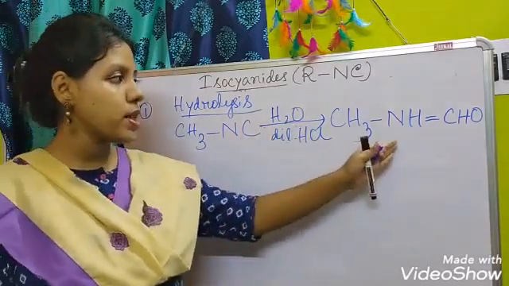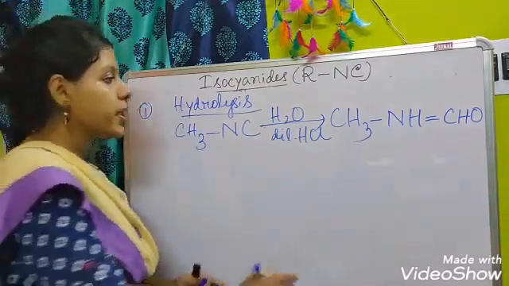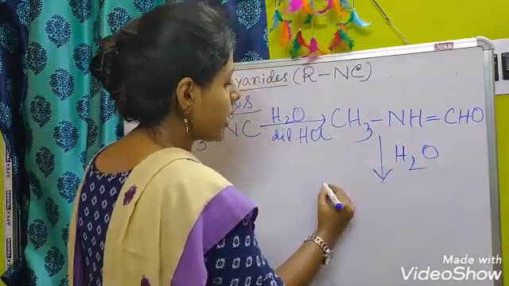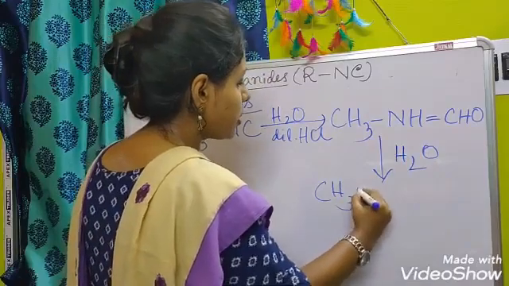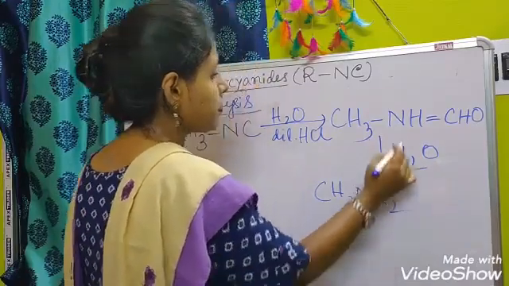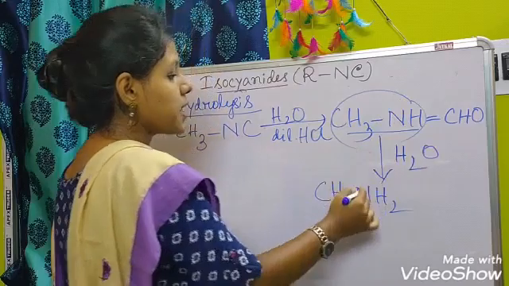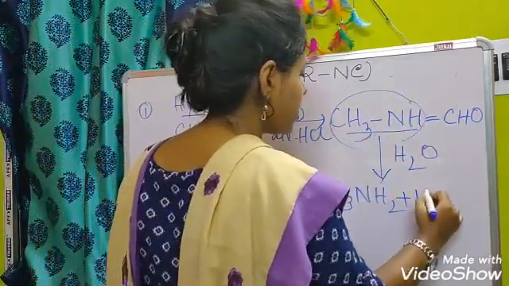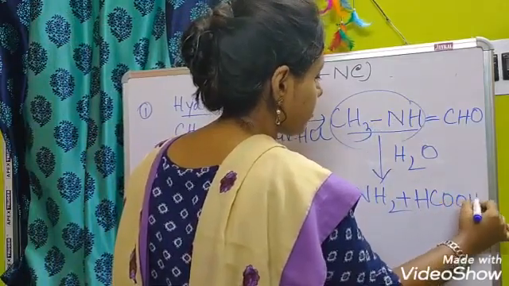After hydrolysis it will give this compound, and again if we hydrolyze it in the second step, then there will be the formation of primary amine, CH3NH2, and from here it will make the formic acid.